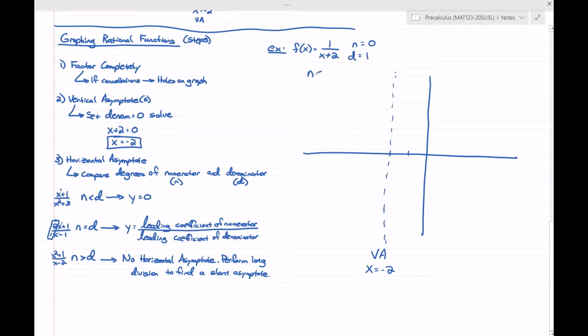The top power is smaller than the bottom. So that would mean y equals 0. That's our horizontal asymptote. And the asymptotes are more just like scaffolding. They're going to give our graph shape. So the only other thing we have to find now is the branches.